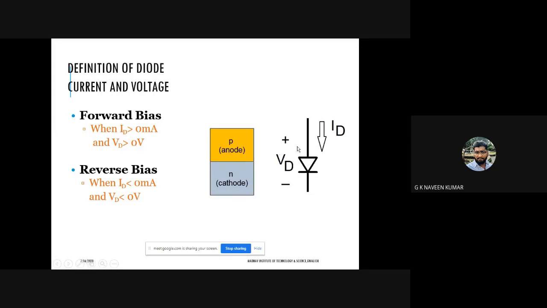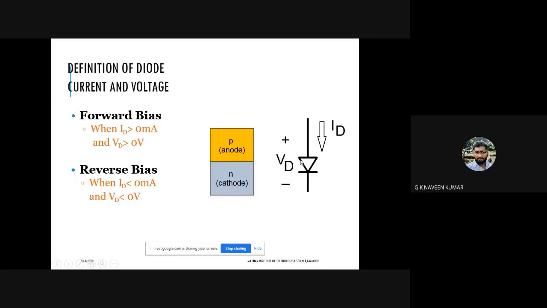The supply voltage appears across the diode in reverse bias condition, whereas the current is 0, while in forward bias the current has some magnitude in milliamperes, and the voltage VD, the forward bias voltage, is like a short circuit when the current is flowing.